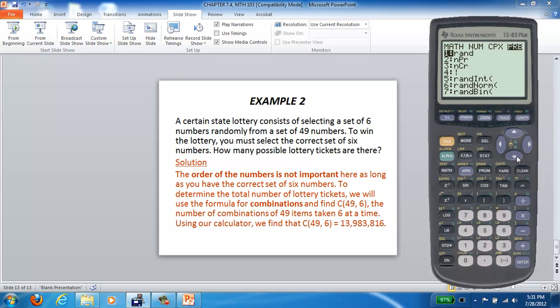We go to probability, we go to combinations, order is not important, 6. And this is how many lottery tickets we have to buy in order to win the lottery. We have to buy almost 14 million tickets. And actually this is the probability of winning the lottery: 1 over almost 14 million.